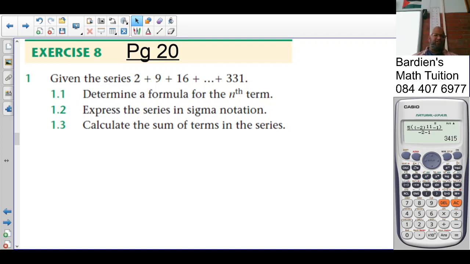During the lesson on Thursday, you tell me what the issues are, and then we can sort out numbers 1 to 8 on Thursday, inclusive of exercise 8, the current exercise we are busy with. Those sums I want you to wrap up as well. You guys know what to do, no? So the remainder of the lesson we're going to work on exercise 8 number 1. If there's time left, we'll work on number 2 as well.